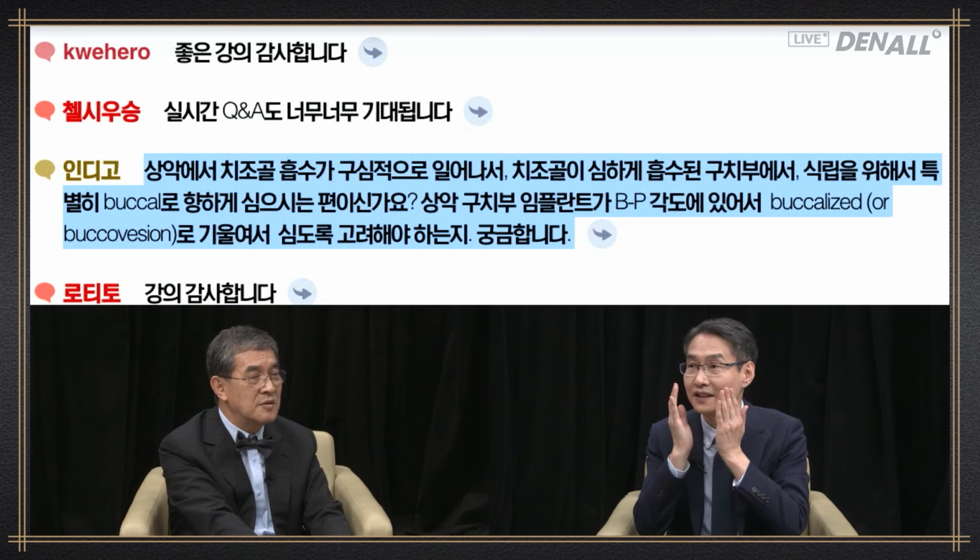The buccal side needs to remain as is, and therefore, inevitably, it is buccally inclined. It's the same for the anterior. It is buccally inclined, buccal version. In the posterior area, inevitably, it is inclined buccally. There's no choice in the upper.